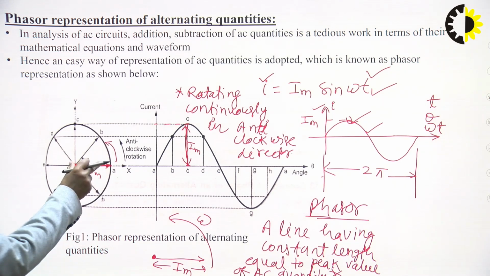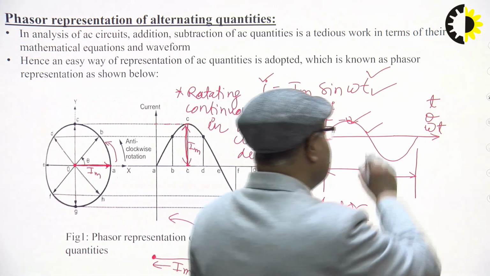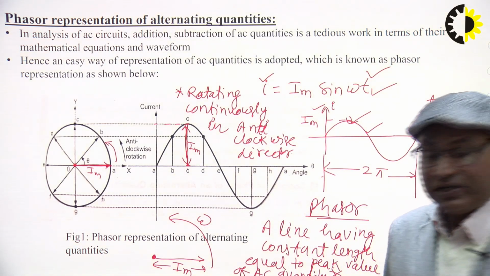So this rotating line represents this mathematical equation or this waveform. This is the meaning of phasor representation of AC quantities.